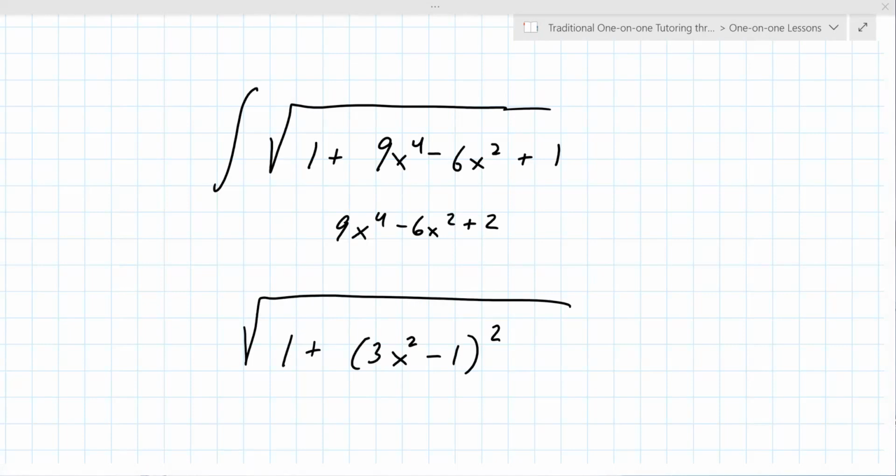Let me check one more thing here. 3x squared minus 1. This one also doesn't work out. So is this a calculator problem? I'm sorry for asking. No, it's okay.